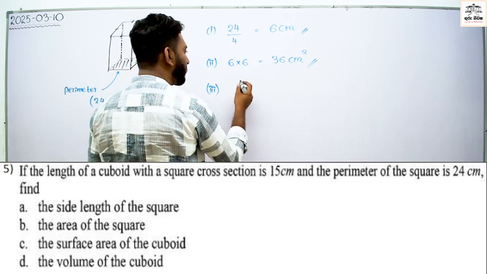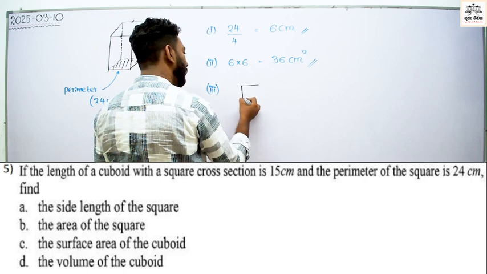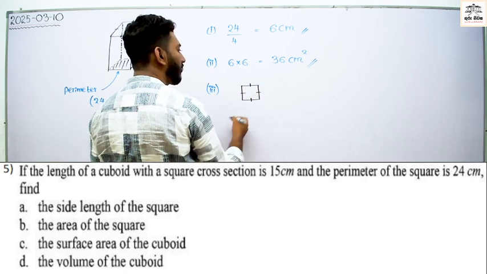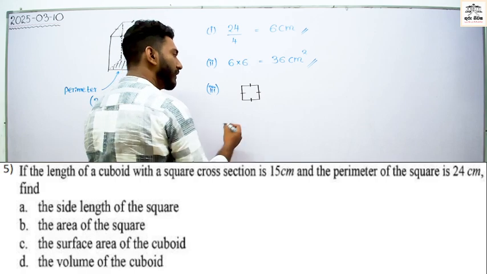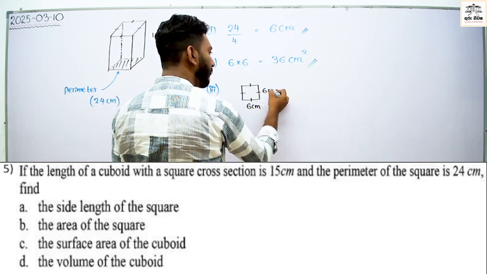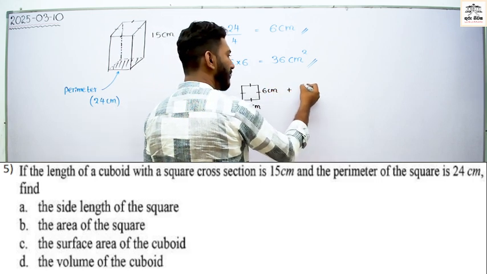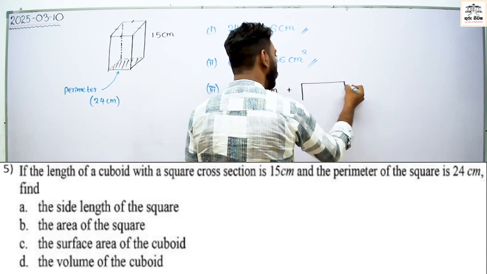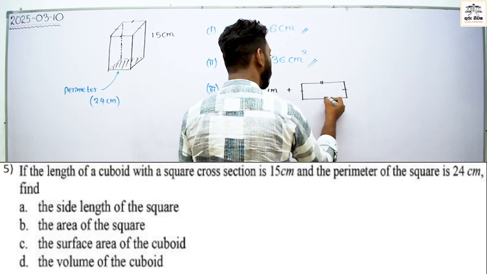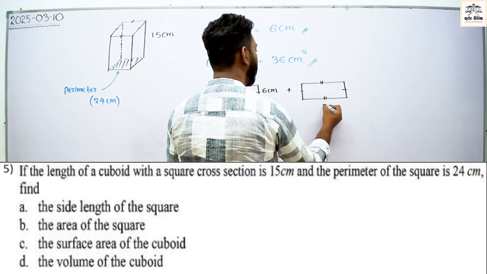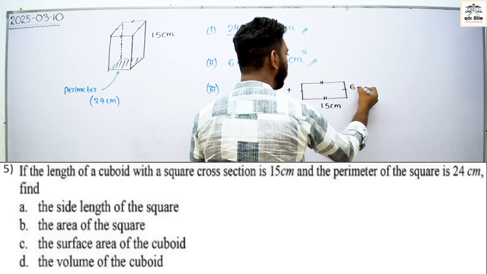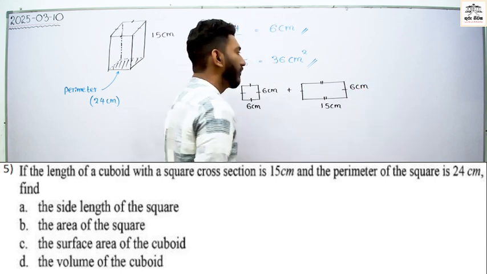There are six faces: two equal cross sections, like a square base of 6 cm by 6 cm, and four rectangular faces with length 15 cm and breadth 6 cm, right?